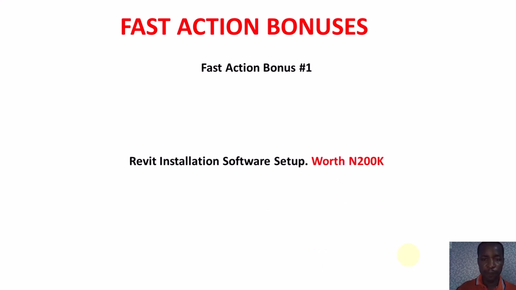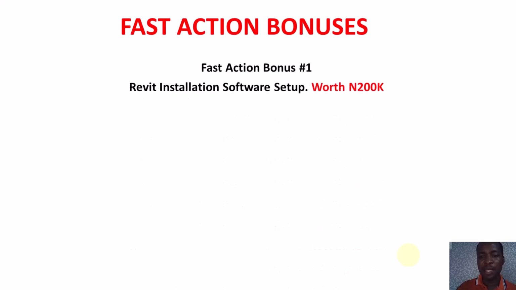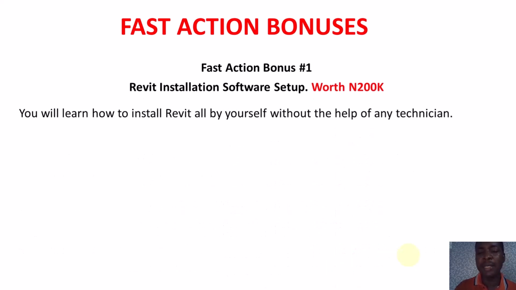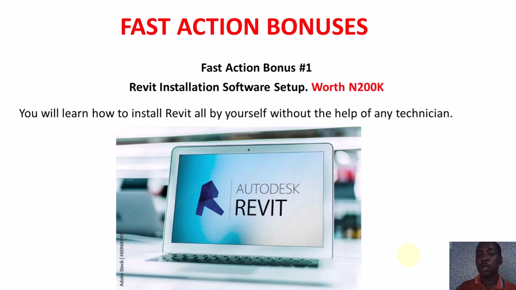All right, then the course does not stop there. If you are getting this course today, there are certain things I'm going to be adding to you as a bonus, and one of those things is Revit installation setup. If you want to buy Revit software, go and browse it on the internet.